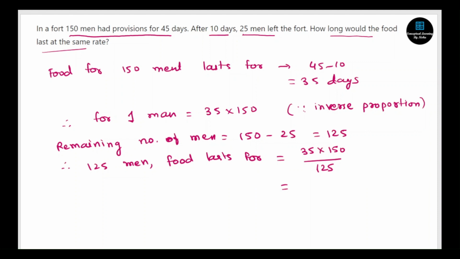So 25 5s are 125, and 25 6s are 150, and now 5 7s are 35. So you will get 42 days. Right. So this food will last for 42 days for the remaining people. So you have to write your final answer. Alright. Very interesting question.